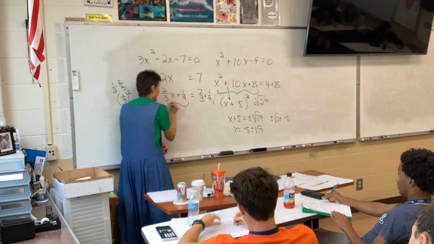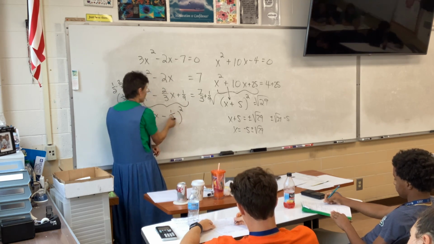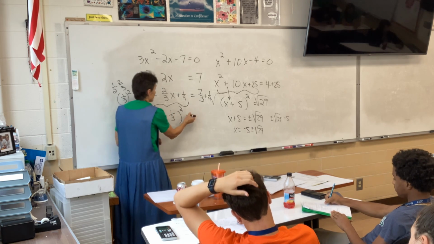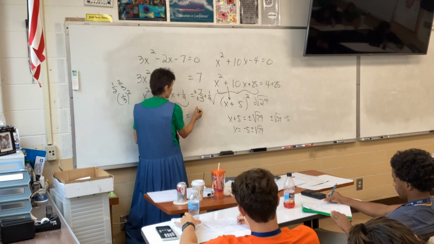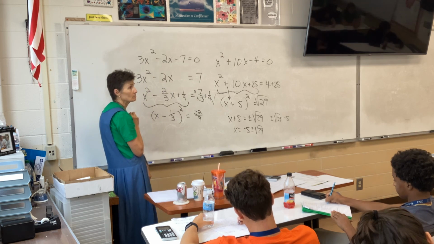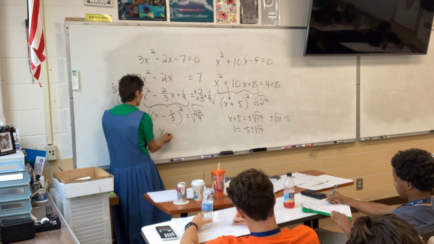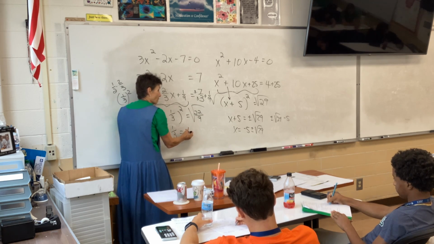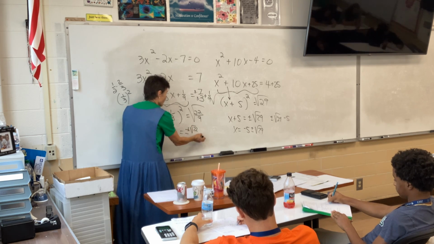What square is this? X minus 1/3, beautiful. Get a common denominator over here. I got 22/9. Square root both sides, so x minus 1/3 equals plus or minus root 22 over 3.